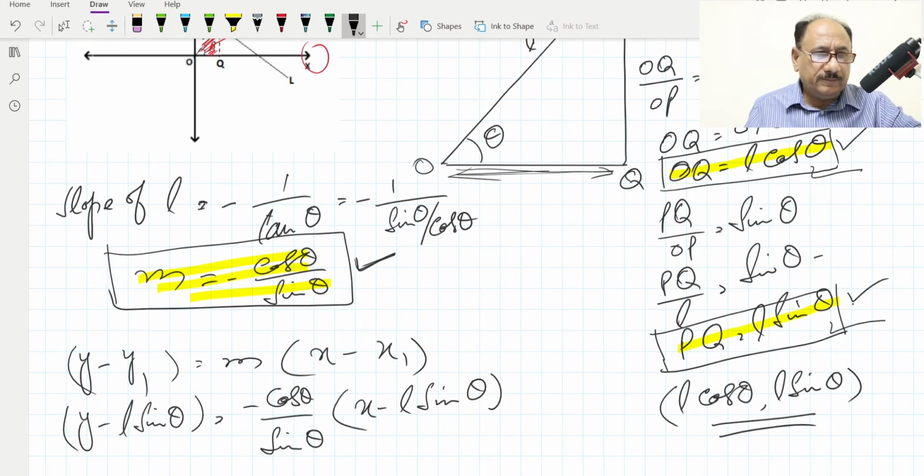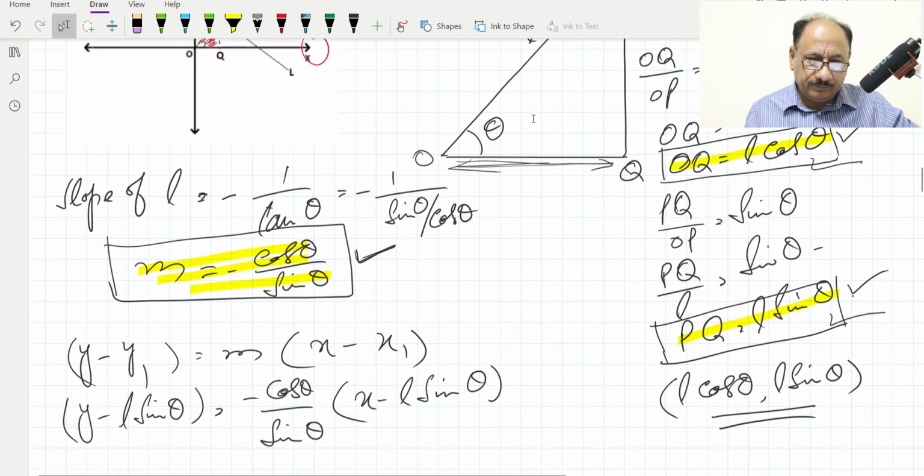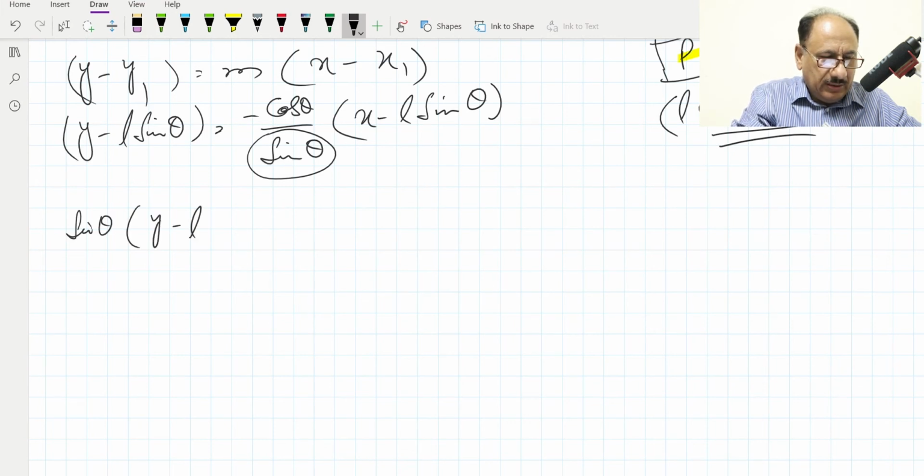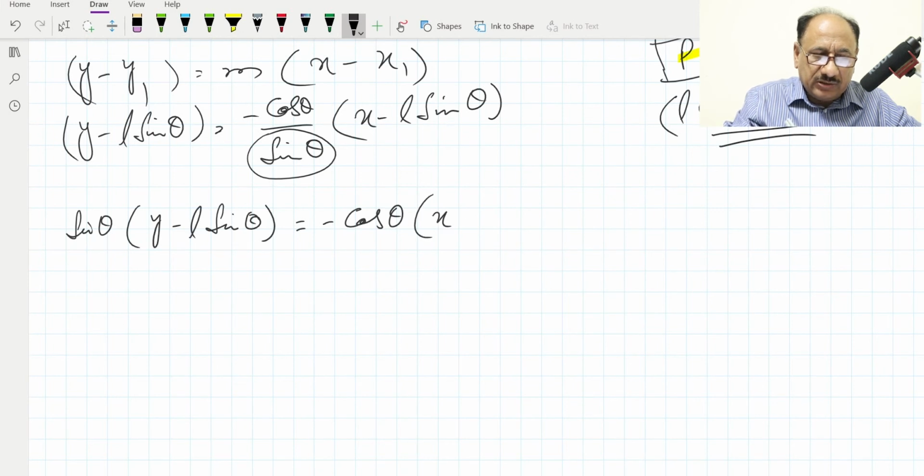Now further we can simplify. We can rewrite this one. We can shift this sine theta to the other side, so it will become sine theta into y minus L sine theta is equal to minus cos theta into x minus L cos theta.